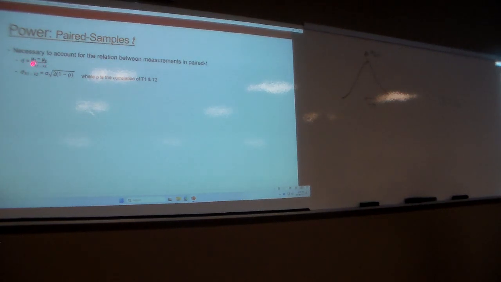I'm going to take that over this variance estimate, and I'm going to calculate this as my standard deviation times the square root of 2 times 1 minus the correlation between time 1 and time 2. Okay. So again, remember when we were talking about effect sizes for a repeated measure sample, I'd given you this as a formula that's sometimes used. This is where this is coming from.